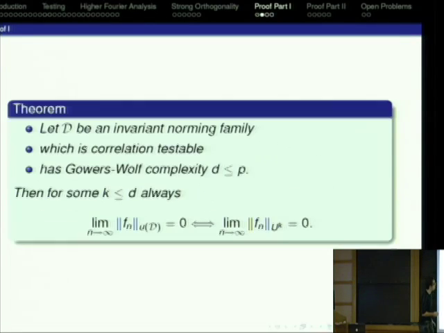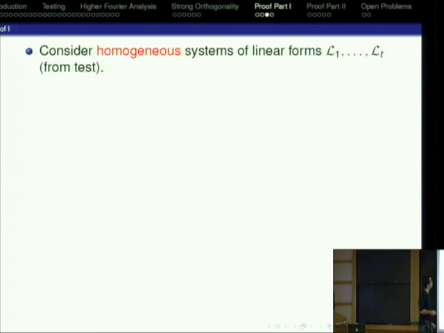And we had this Gowers-Wolf condition. And the theorem that we are going to prove is that if your set has a small uniformity with respect to D, if and only if it has a small uniformity with some K Gowers norm. Now, let me tell you about the steps of the proof. Consider some homogeneous system of linear forms, L1 to LT, which comes from the test, of course.